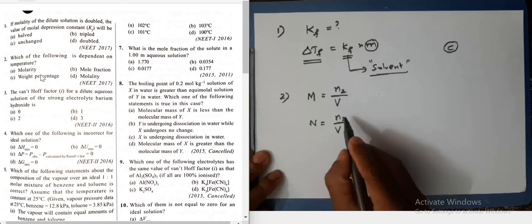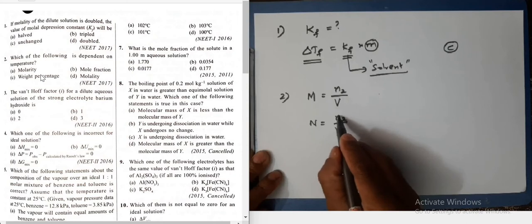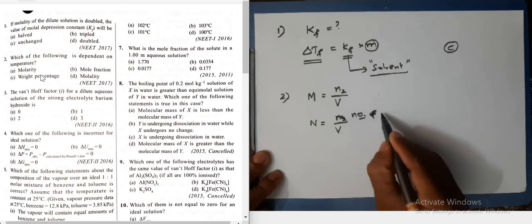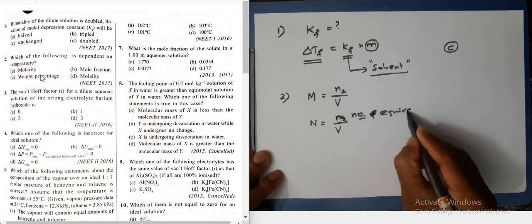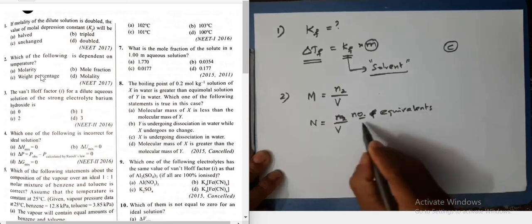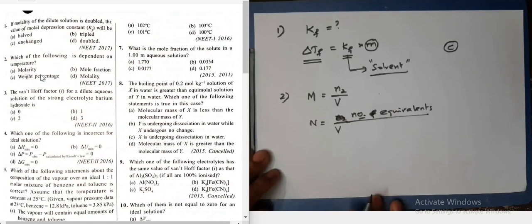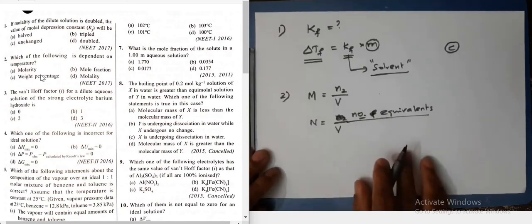Let me write number of equivalents instead of N2. Number of equivalents of solute divided by volume of the solution in liter gives you normality.